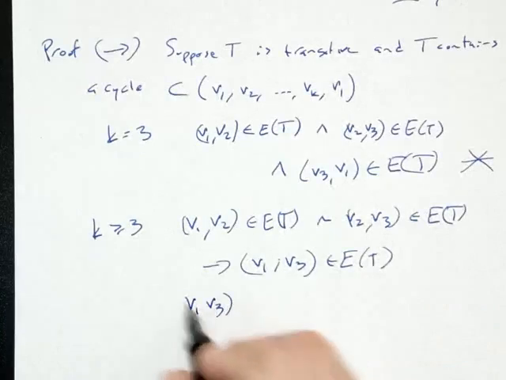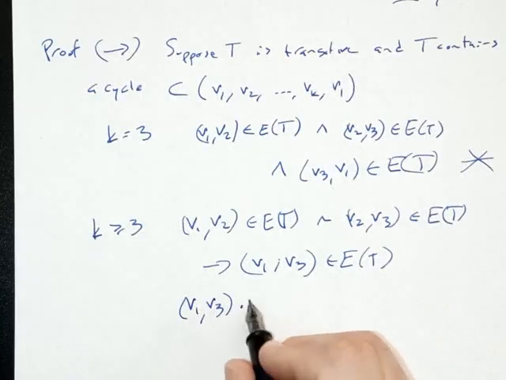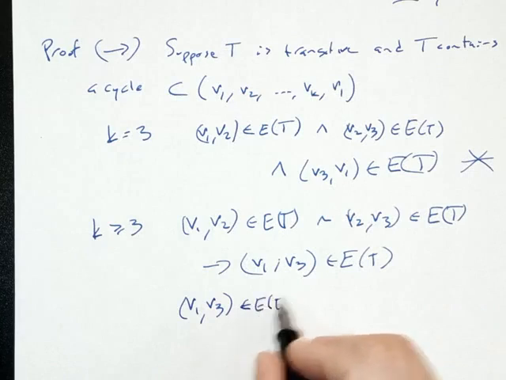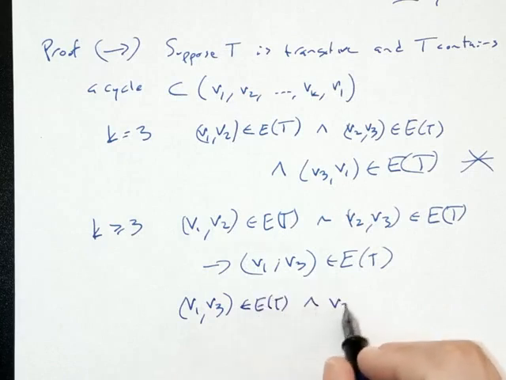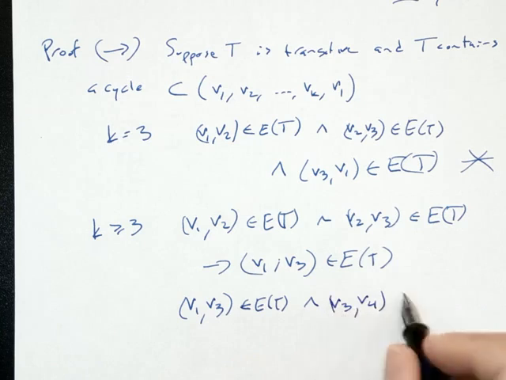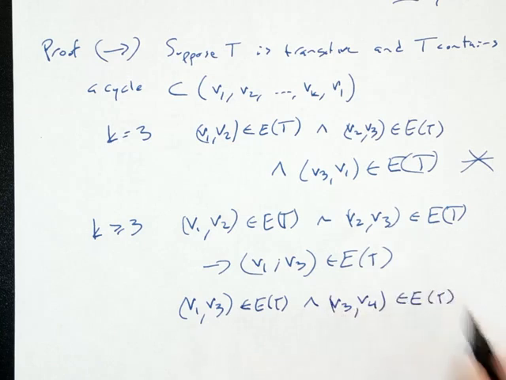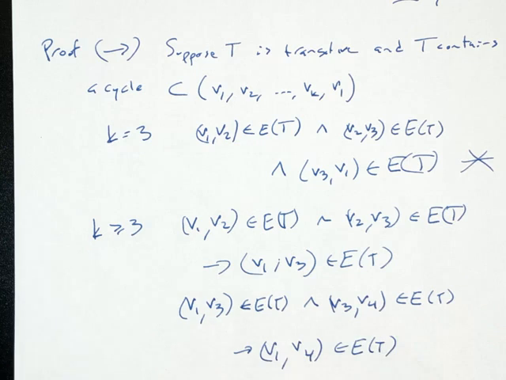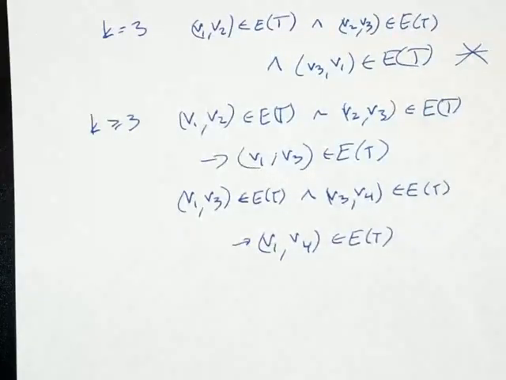Then V1, V3 is in my edges, and V3, V4 is in my edges. Yes? Therefore, V1, V4 is in my edges. Continue, and you see that V1, VK is in my edges.